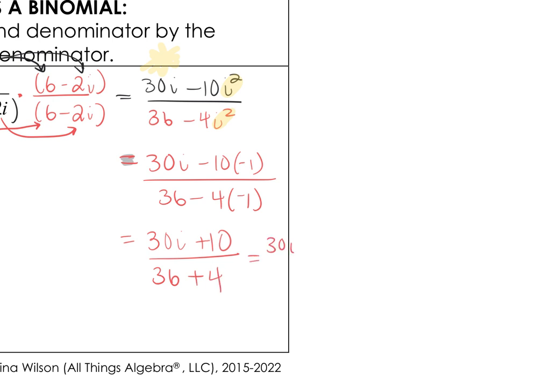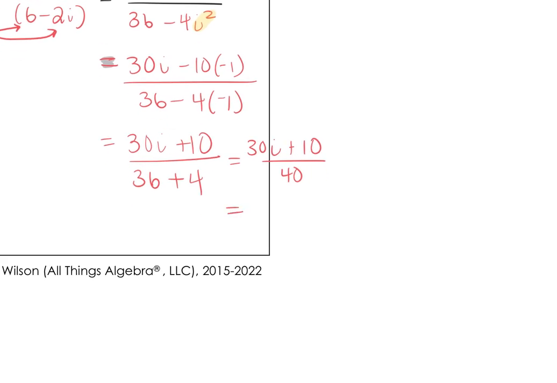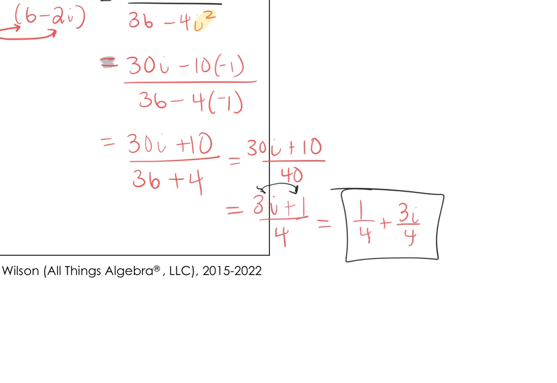So we can actually add the bottom. 36 and 4 is 40. We can simplify because 10 goes into everything. So 3i plus 1 over 4. And then let's make this real first, then imaginary. So I'm kind of just flip-flopping that order and then breaking it into two separate fractions.